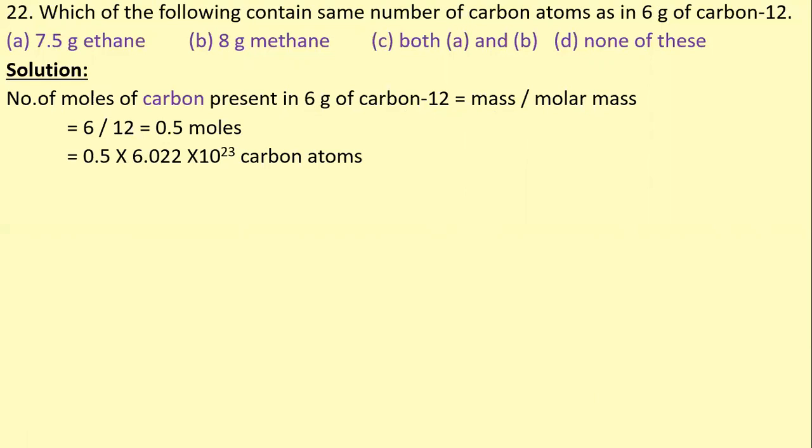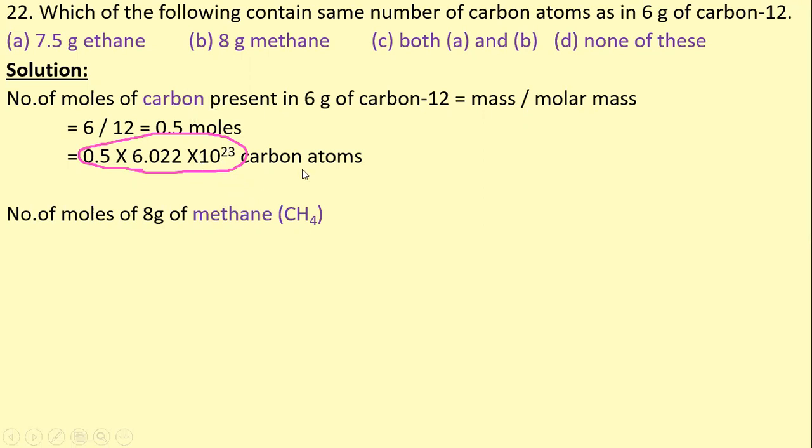We all know 1 mole is equal to the Avogadro number, so we compare the moles obtained with the Avogadro number. This 0.5 mole into Avogadro number, 6.022 into 10 to the power 23, gives the answer for the carbon atoms.